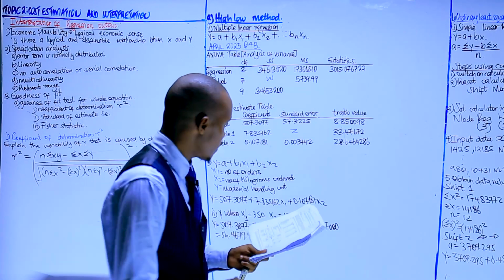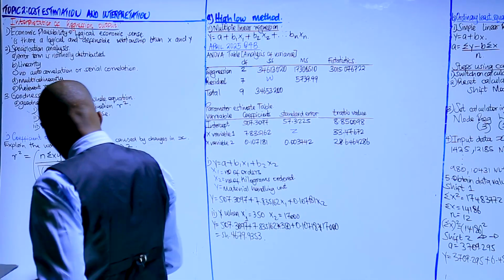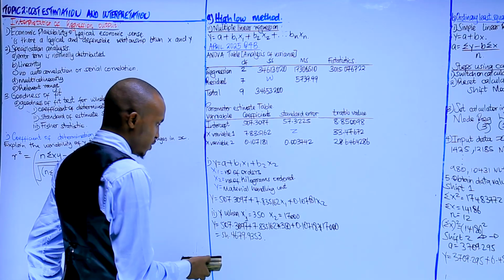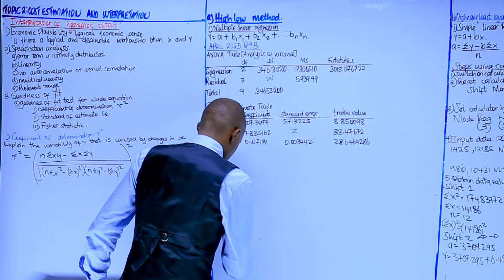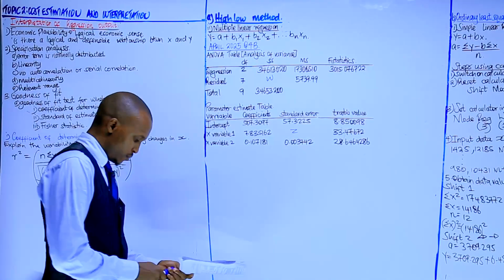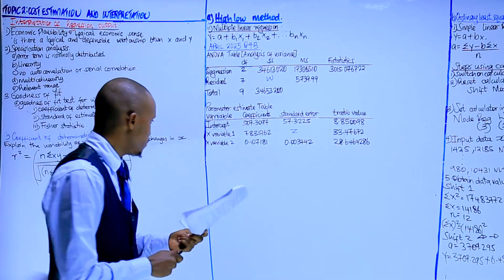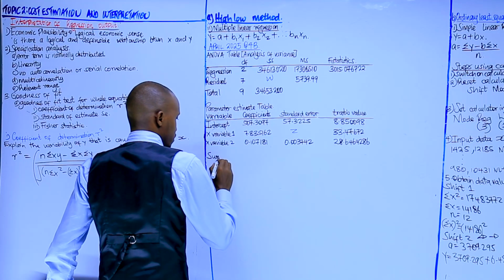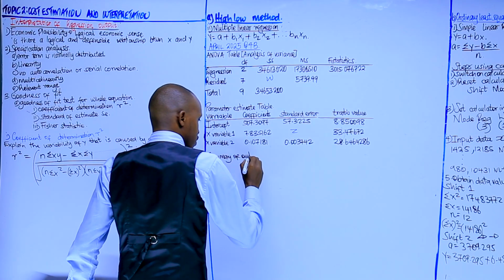There was another table known as the summary of output.